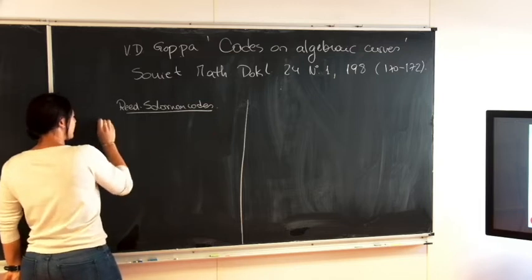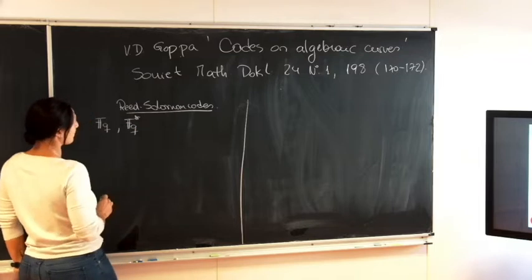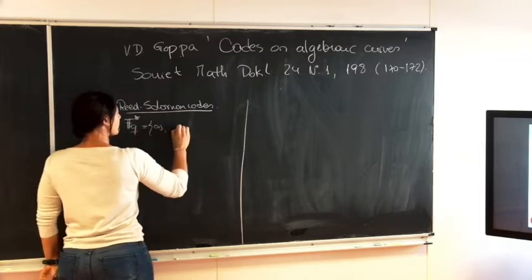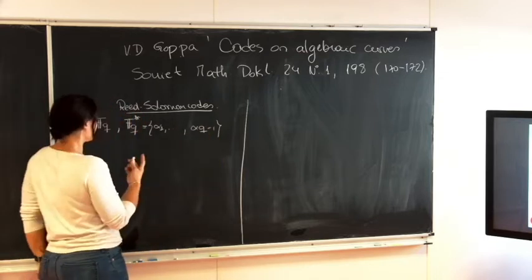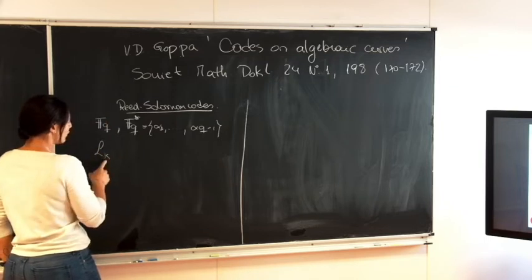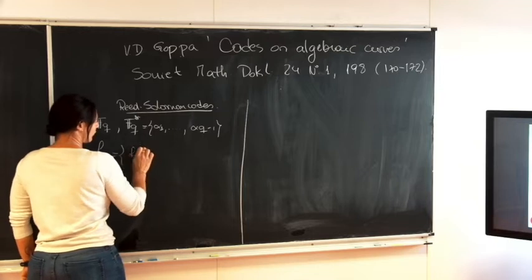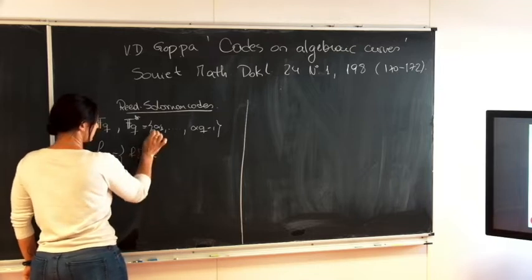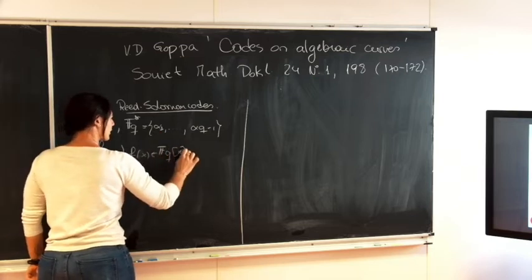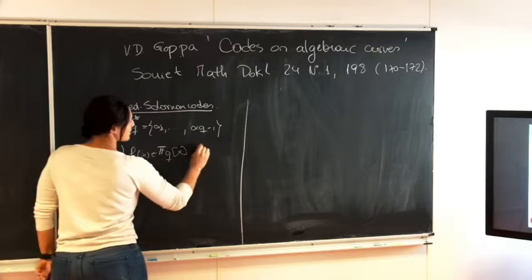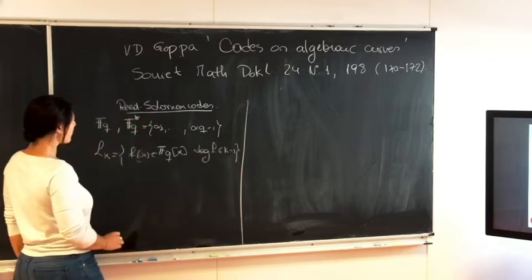We start with a finite field F_q, and consider the multiplicative group, alpha_1, ..., alpha_{q-1}. Then we define the set L_k of polynomials of bounded degree: f(x), a polynomial with coefficients in F_q such that the degree of f is less than or equal to k minus 1.